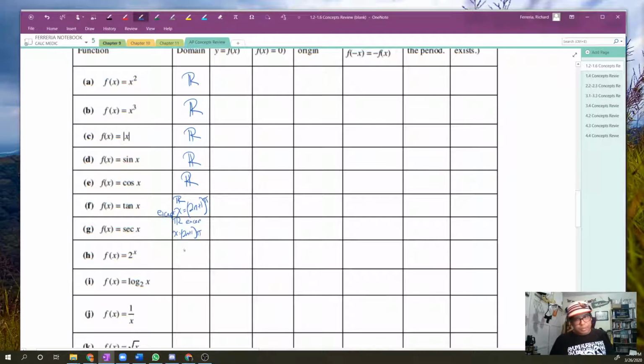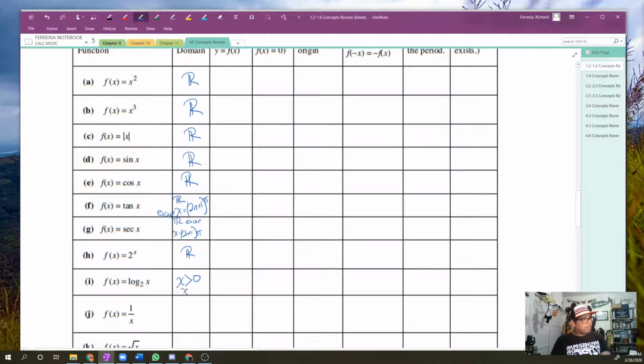2 to the x, all real numbers. Log base 2 of x, we talked about that one now, didn't we? Log base 2 of x only has positive domain. So x needs to be greater than 0.